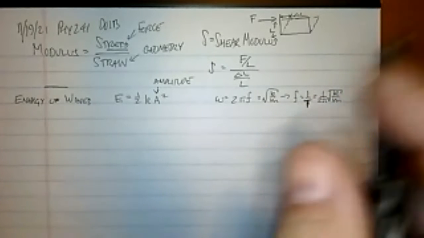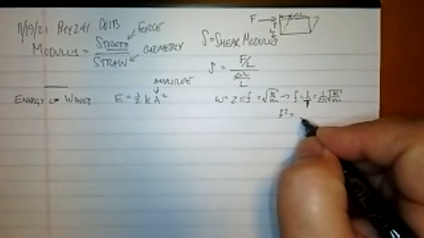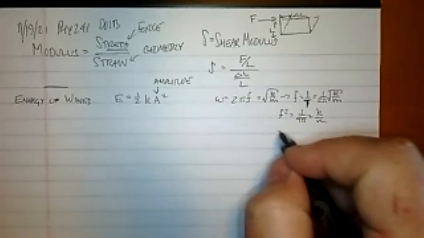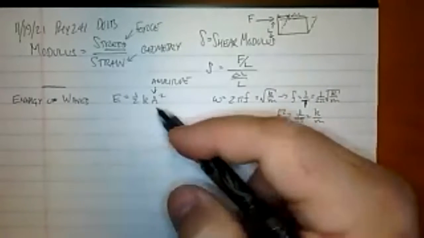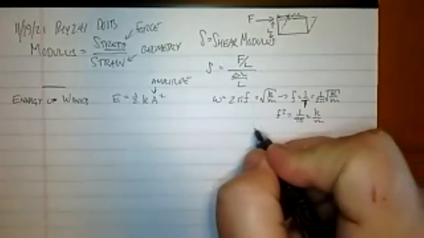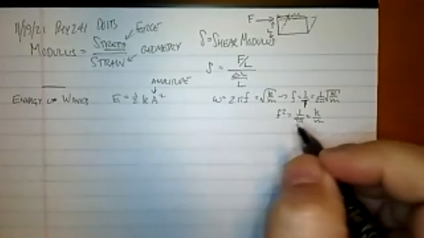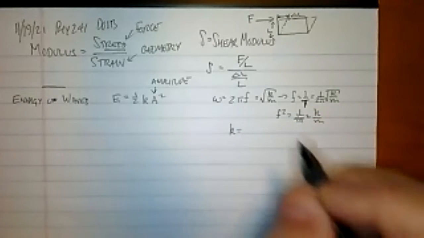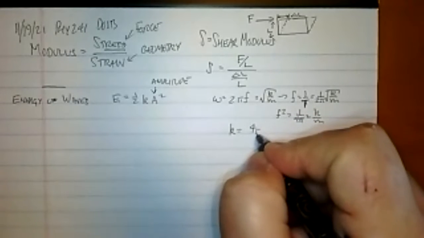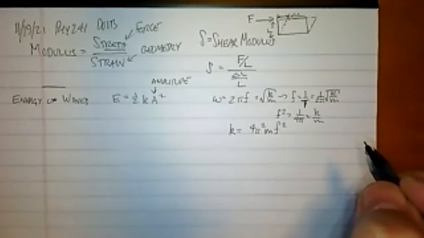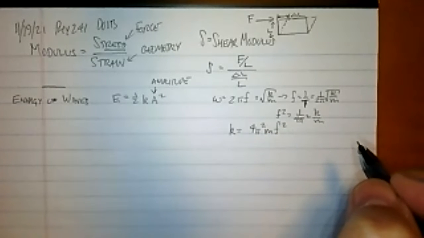Well, if you square that, you get f squared is equal to 1 over 4 pi squared times k over m. So you can solve that for k and eliminate the k, because what's a k in the wave equation? We don't know that, but we do know the frequency is related. So I'm trying to get a relationship to get that k out of there so I can deal more with wave type stuff. So the k is going to be 4 pi squared m f squared.